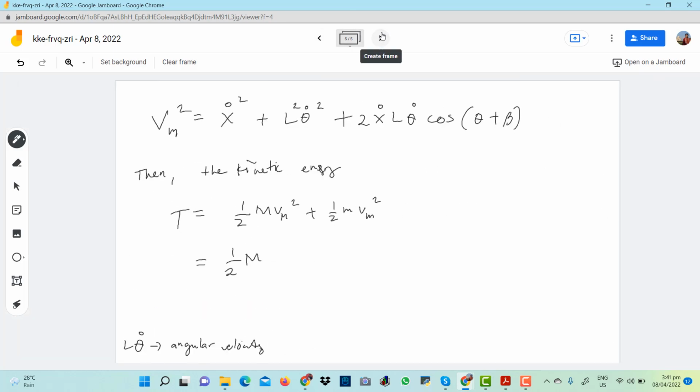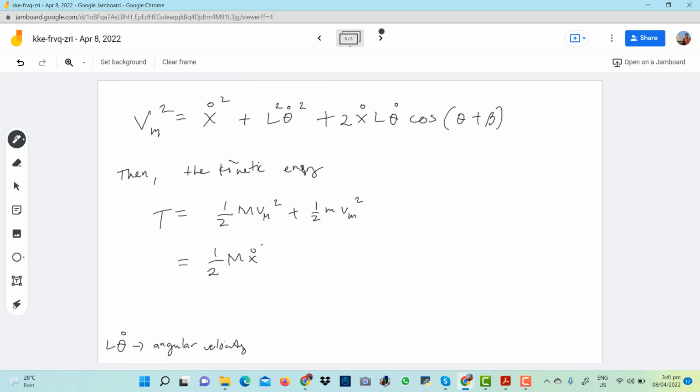Okay? So I have x dot squared, while for the small m I have three terms: the linear velocity, the rotational angular velocity, plus the coupling 2x dot L theta dot cosine of theta plus beta. Okay, so this is my kinetic energy.